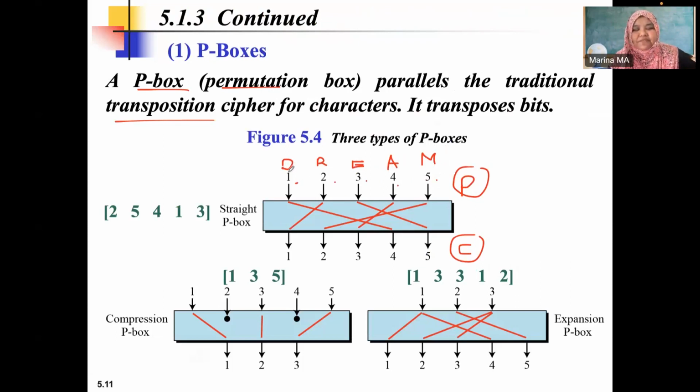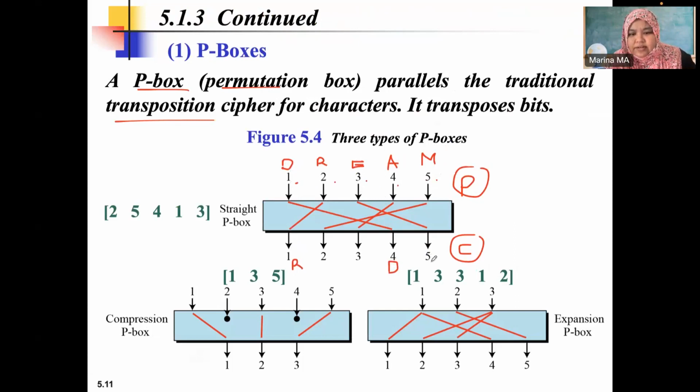It says that the character in the first position in the plain text goes to the fourth position. So D is here. The second position in the plain text becomes the first position in the ciphertext. R is here.